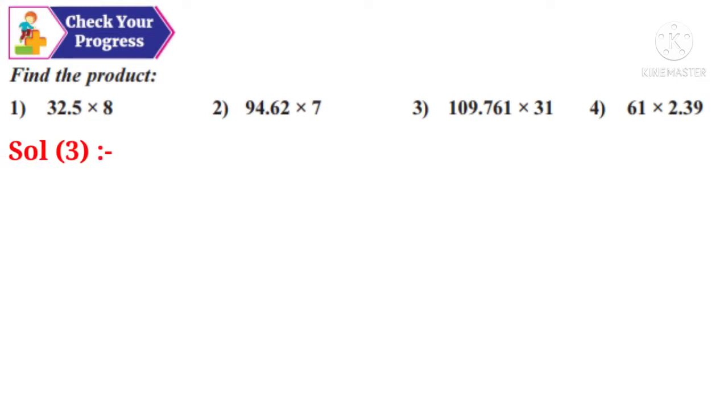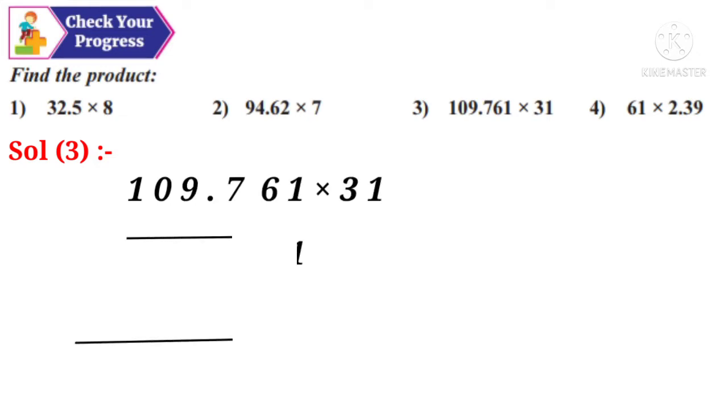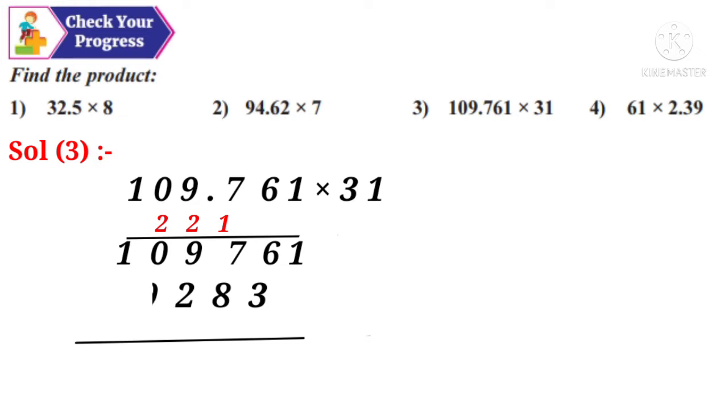Solution 3, 109.761 into 31. On multiplying with 1 we get 167,901. On multiplying with 3, 3 ones are 3, 3 6 are 18, 8 1, 3 sevens are 21, 1 22, 2 2, 3 nines are 27, 2 29, so 9 2, 3 zeros are 0 plus 2 is 2, 3 ones are 3.